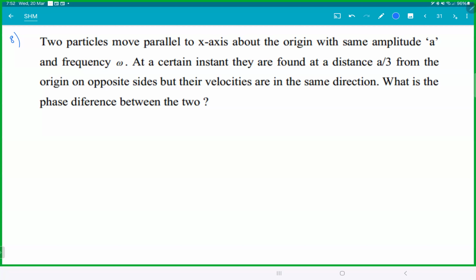Any answers? Draw the circle, you'll understand. 2a by root 3.